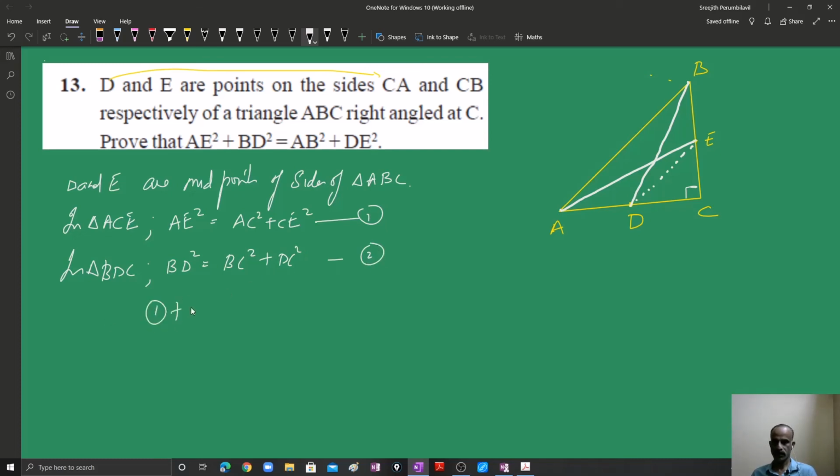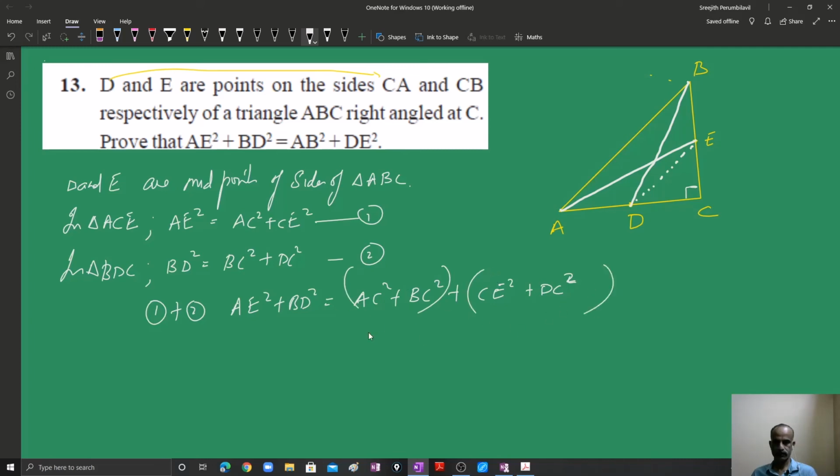Adding 1 plus 2, AE square plus BD square is equal to AC square plus BC square, plus CE square plus DC square.